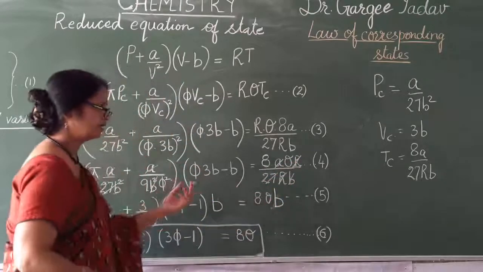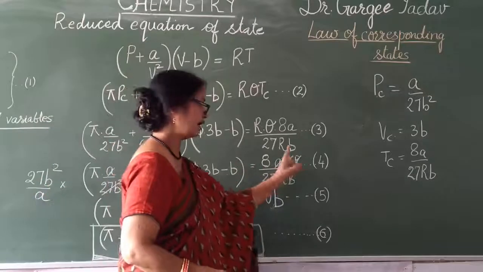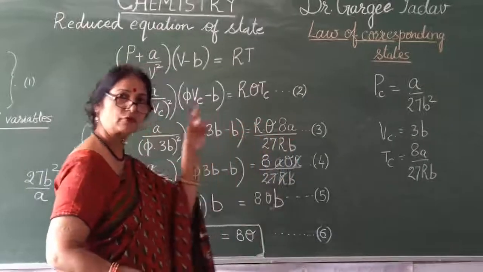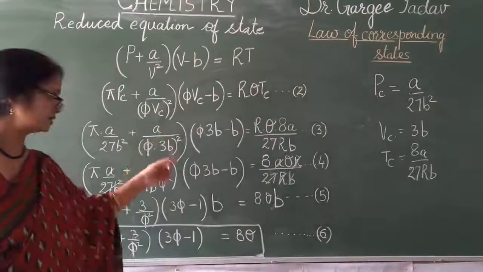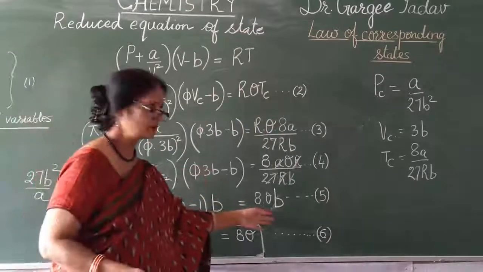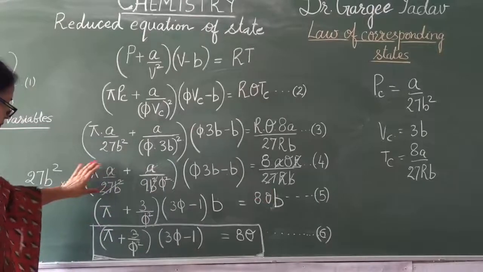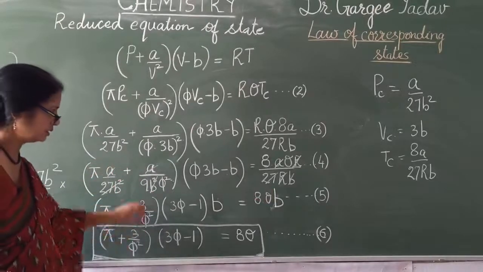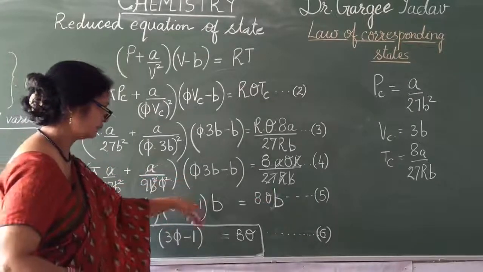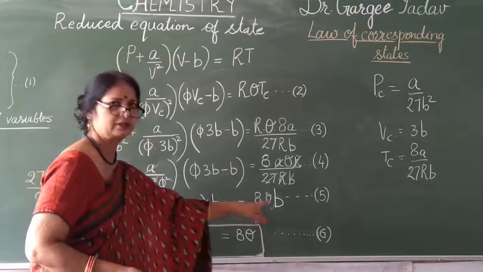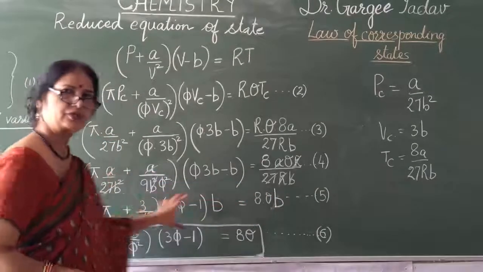So what's remaining here? 8 theta and 1 b, which was from 27b square. 1 b has been cancelled and 1 b remains over here. So finally what we get is 5 plus 3 upon 5 square into 3 5 minus 1 b is equal to 8 theta b. This is our equation number 5.